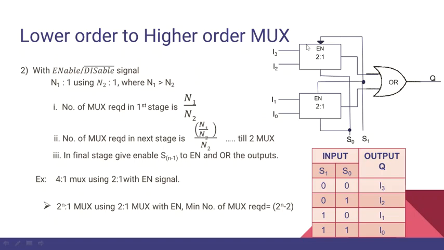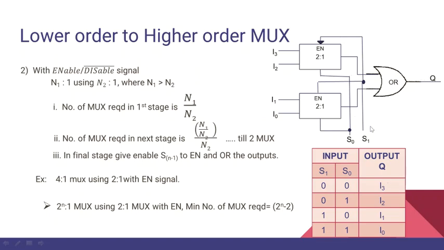So this 2:1 mux is enabled and this is not enabled. Whatever the value of S0 is, this mux will give the output and this won't give an output when S1 is 0. When S0 is also 0, then I3 will be the output here, and there is no output here since S1 is 0. So the output Q is I3.